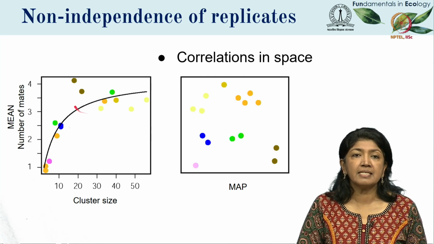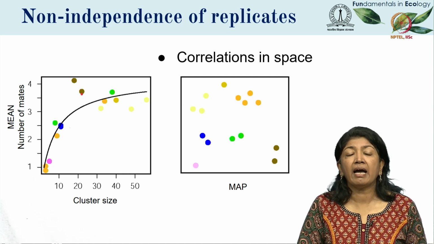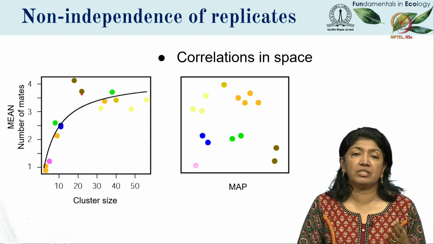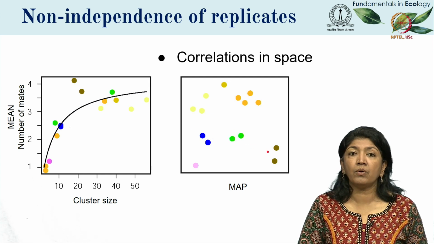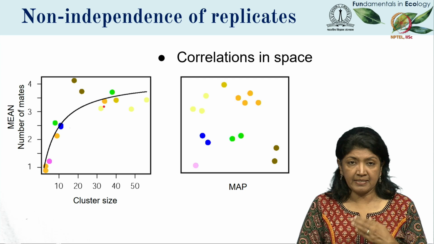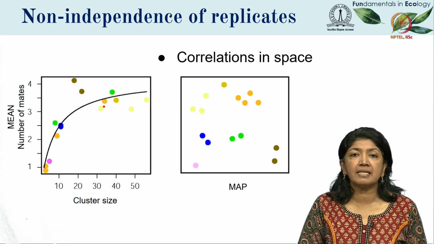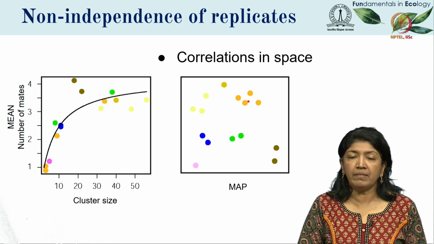Now, notice that these two clusters here both have greater than average male mating success, and they are both also close to each other. Similarly, these two clusters here, orange, are again lesser than average male mating success, and they also happen to be in the same area.